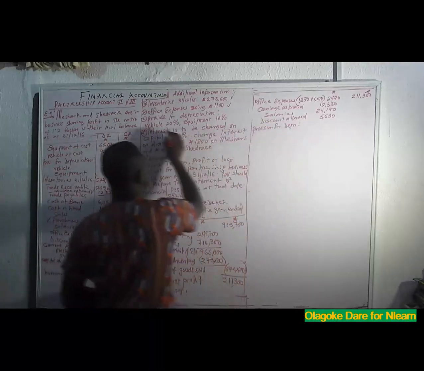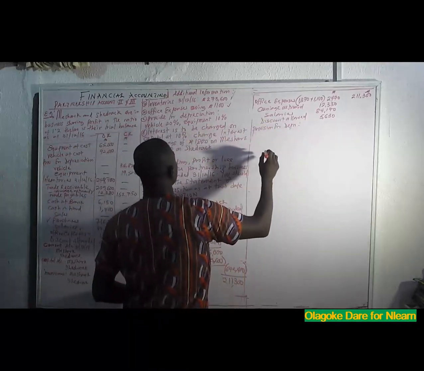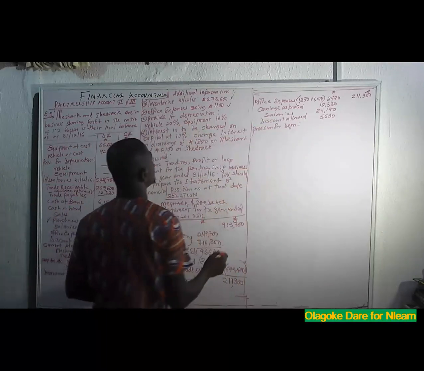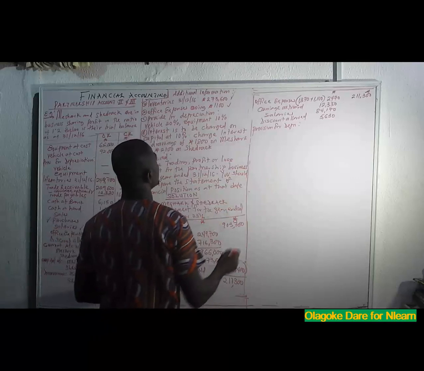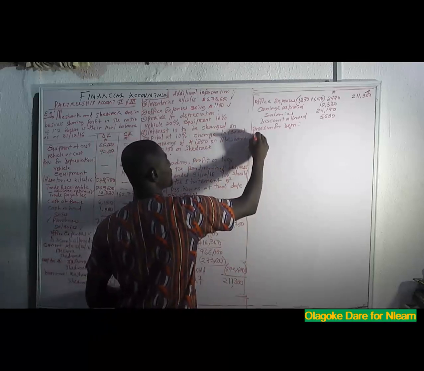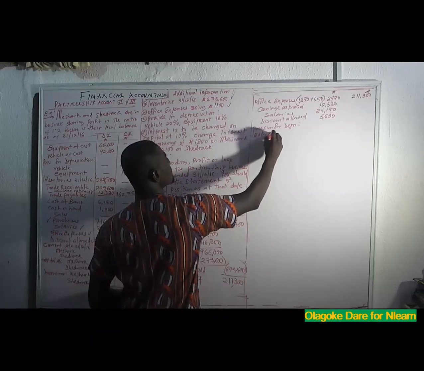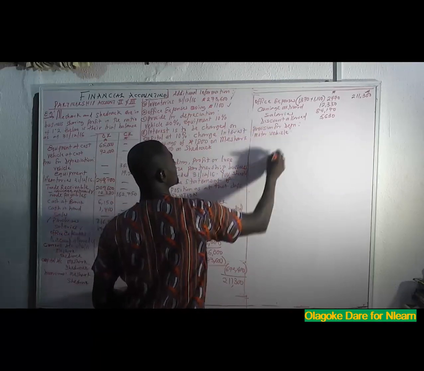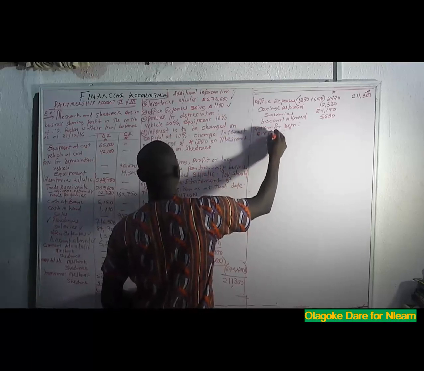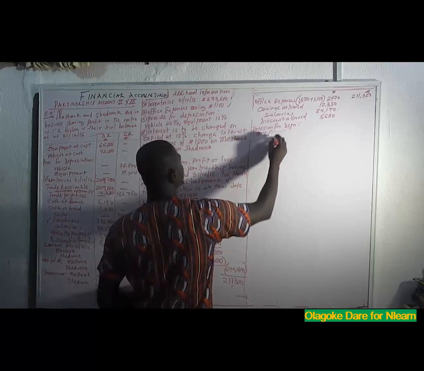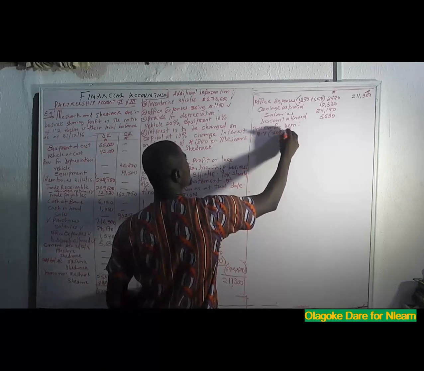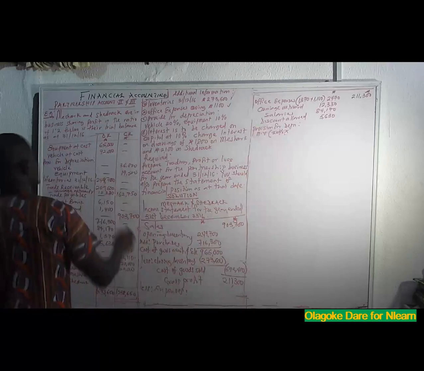The first one is motor vehicle. Let me use MV for motor vehicle, which will be 20% of the cost. The cost of motor vehicle is 65,000.